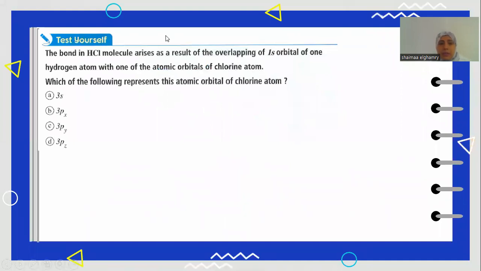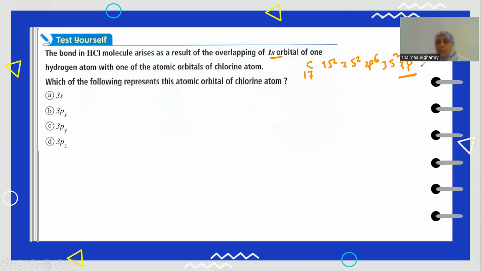The bond in the HCl molecule arises as a result of overlapping of 1 s orbital of hydrogen with 1 atomic orbital of chlorine. Which of the following represents this atomic orbital of chlorine? As we know, chlorine is atomic number 17. So the electronic configuration of chlorine will be 1s2, 2s2, 2p6, 3s2, 3p5. So the orbital which will be half-filled is found in what?